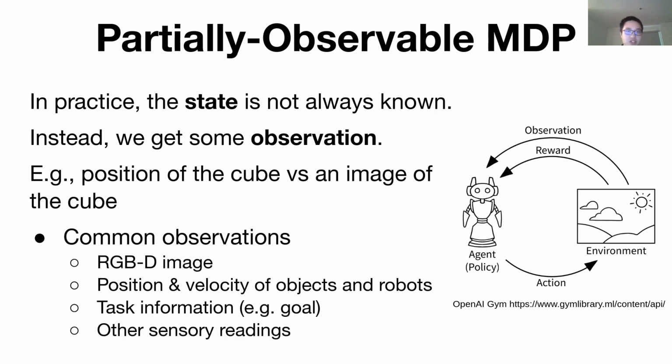That is the observation. And common types of observations would include RGBD images, the position and velocity of objects and robots, task information, such as the goal position, and other sensory readings.